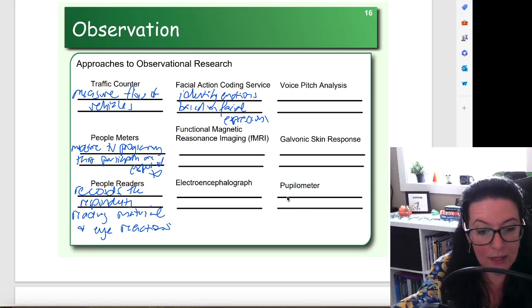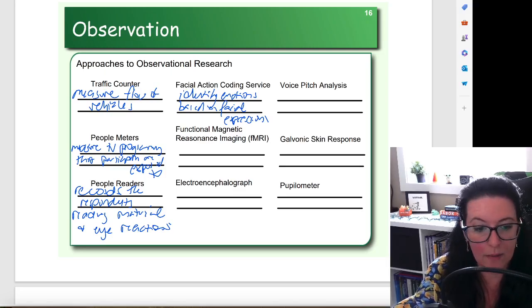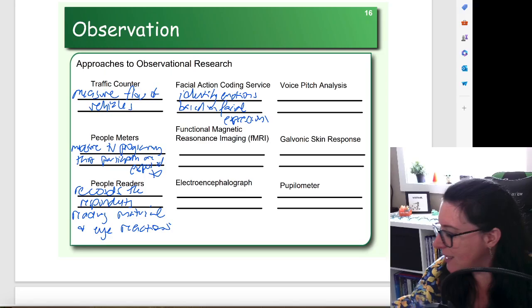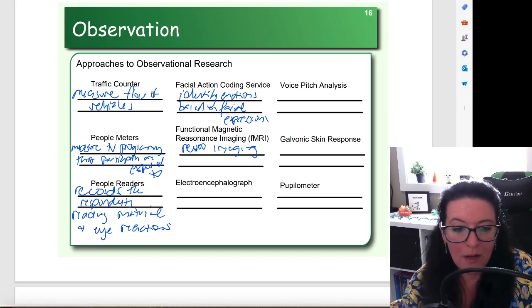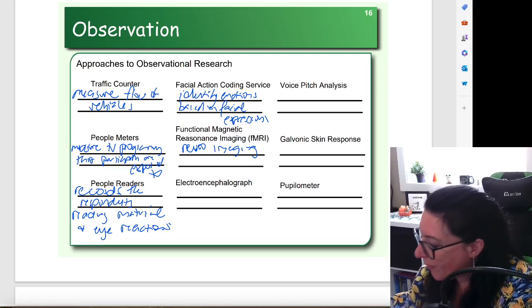Okay. The next one here is an fMRI, so functional magnetic resonance imaging. So here, we're going to use neuroimaging to measure brain activity.